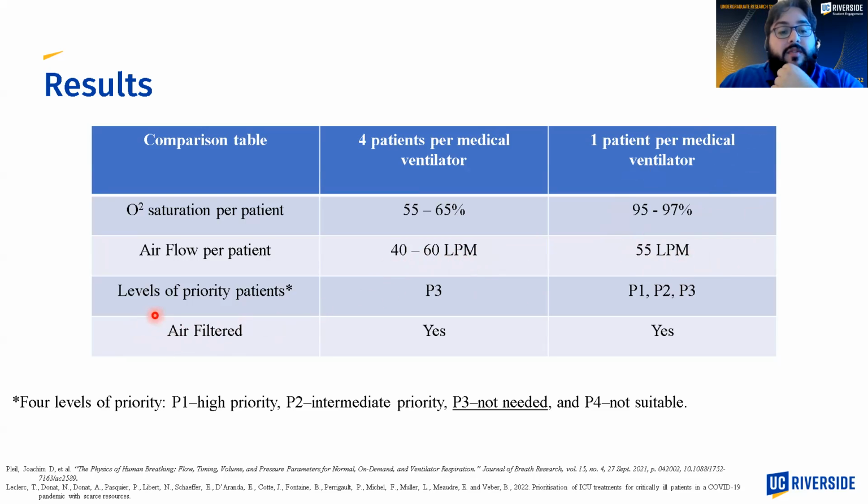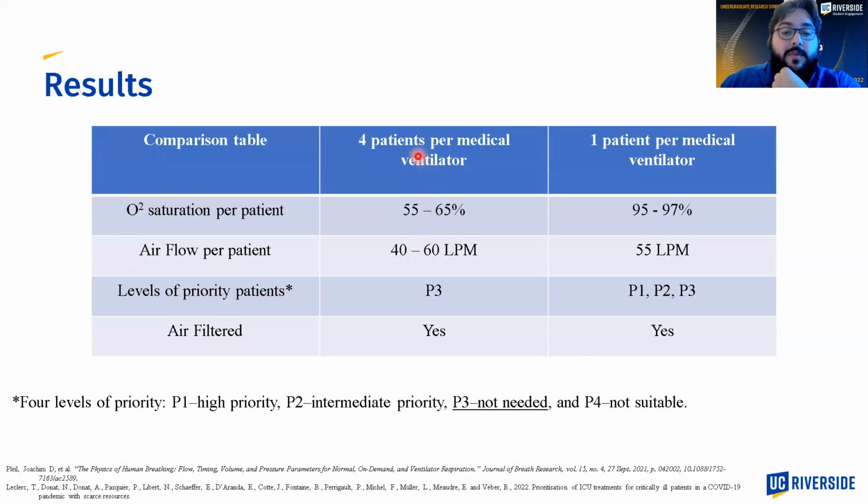So there are different levels of priorities when it comes to ranking patients. It depends on each medical institution, each hospital has its own rules when it comes to ethics, but it basically comes down to having P1, which is high priority, P2 patients, which is intermediate, P3, which is not needed, and P4, which is not suitable.